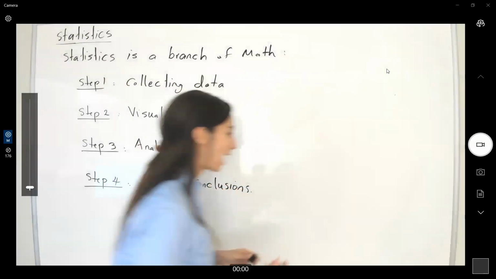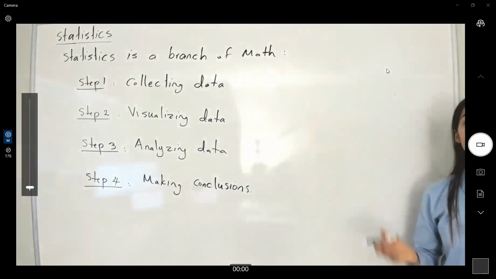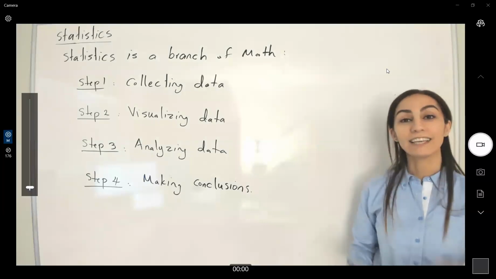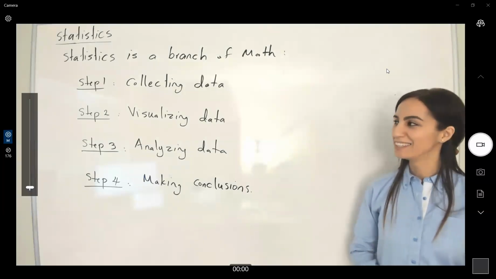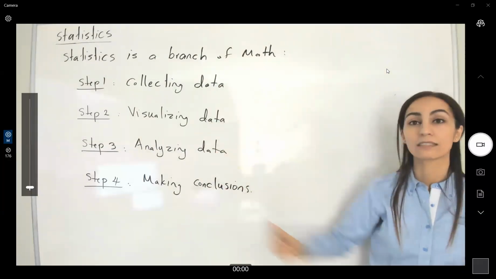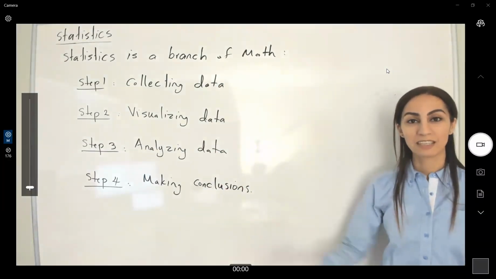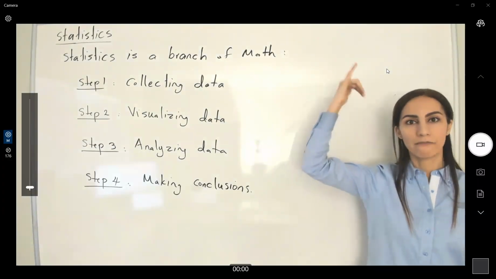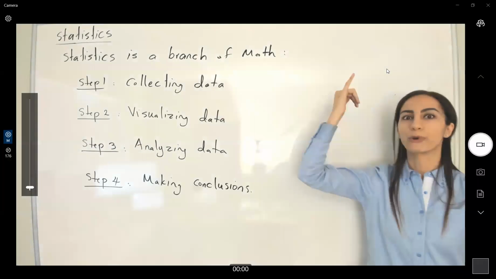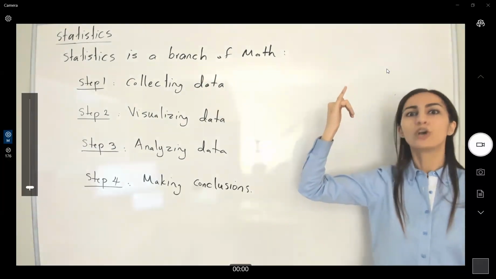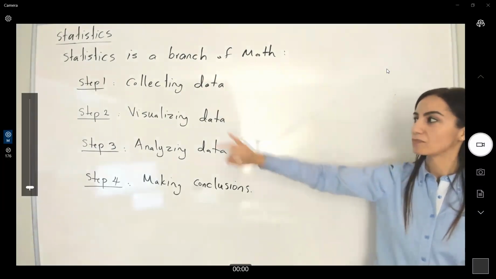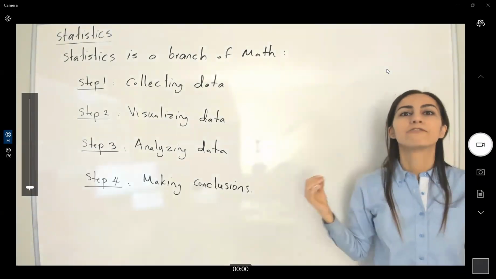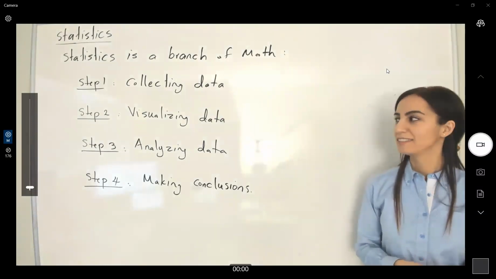So if someone asks you, what is statistics? You say that, hey, statistics is a branch of math. It includes some steps. The first step is to collect data. We have a question and we're interested in answering that question, so we collect data. 2, after collecting the data, we're interested in visualizing the data.